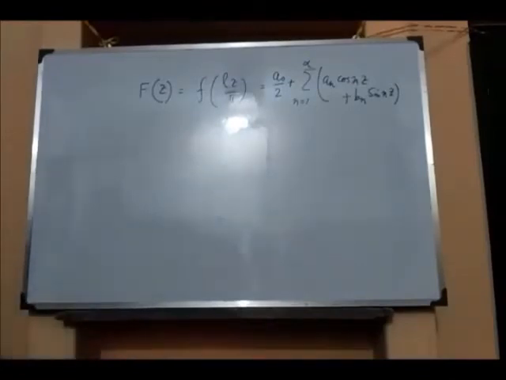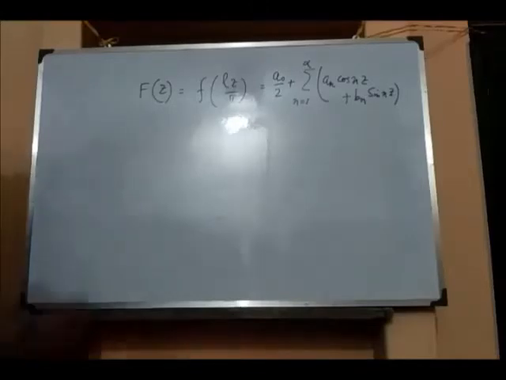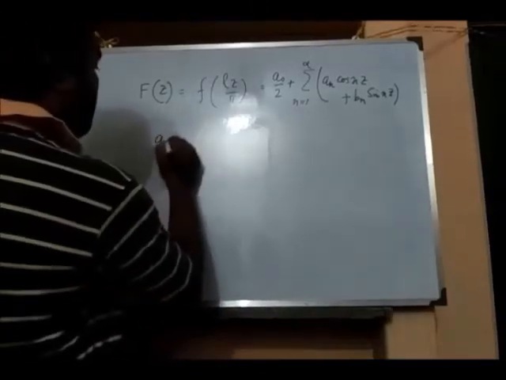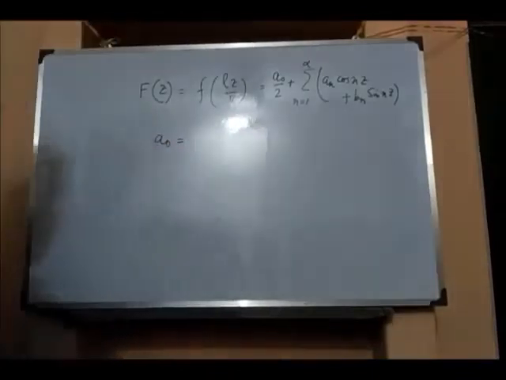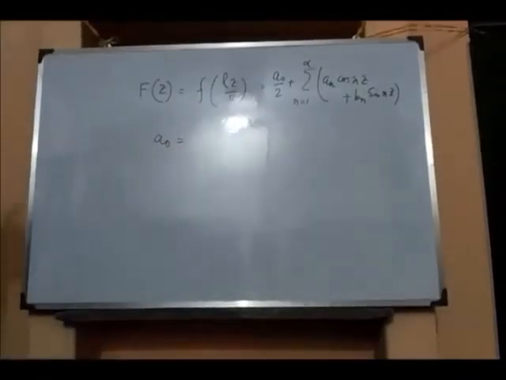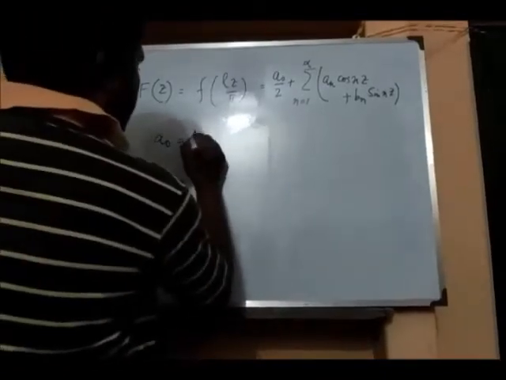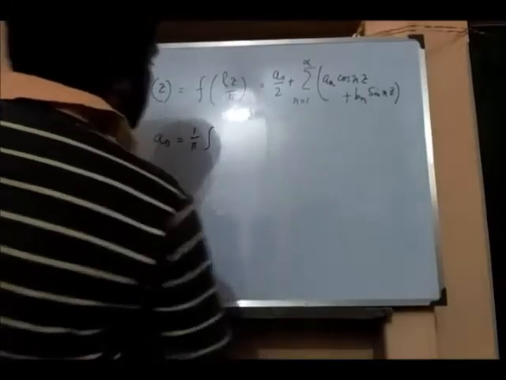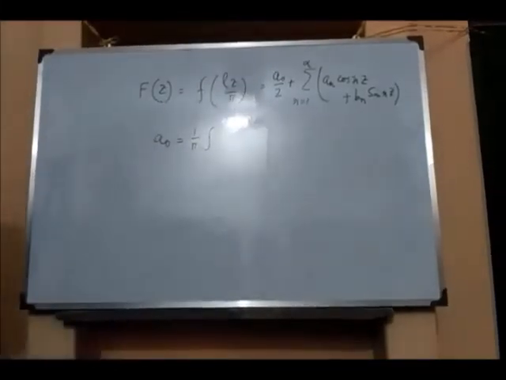Now what is the value of this a0? Now a0 will be what I will get from my first term, that is 1 upon pi, and you change this z from minus pi to plus pi.